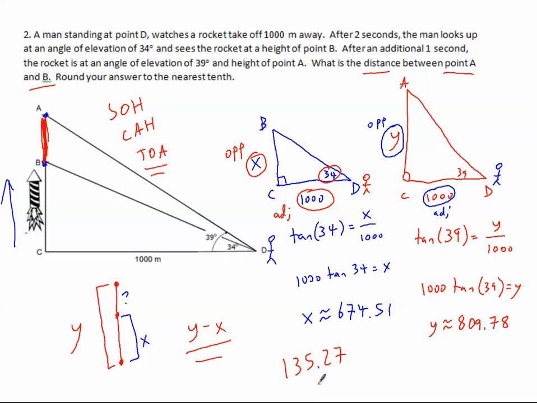And if you're in my classes at this point, if you left your answer like this, I would be screaming at you, 135 what? Because we're dealing with a real world problem, it's not just some number, it's a number of meters. 135.27 meters. Oh, excuse me, we're rounding to the nearest tenth. So instead of 0.27, your final answer, 135.3 meters.